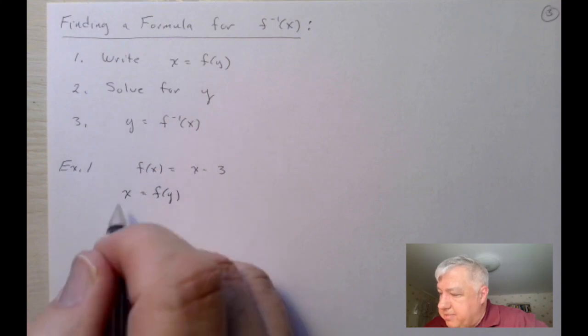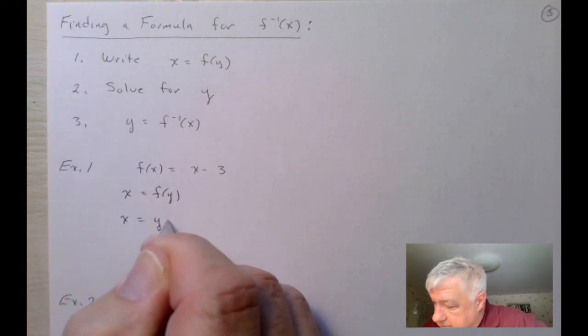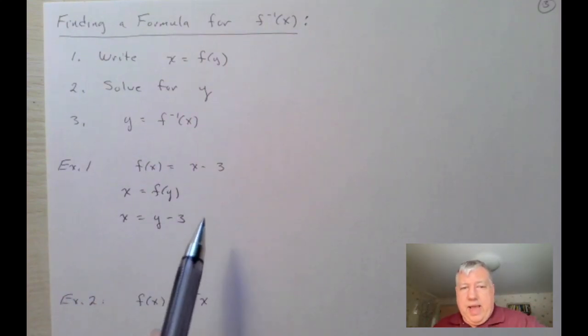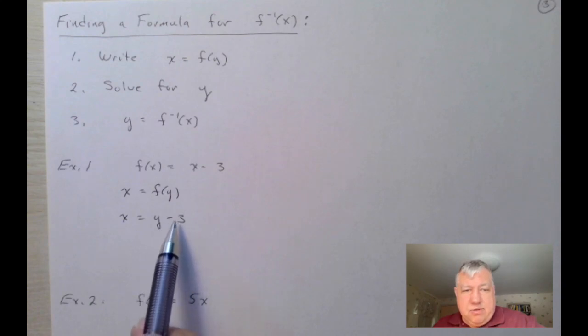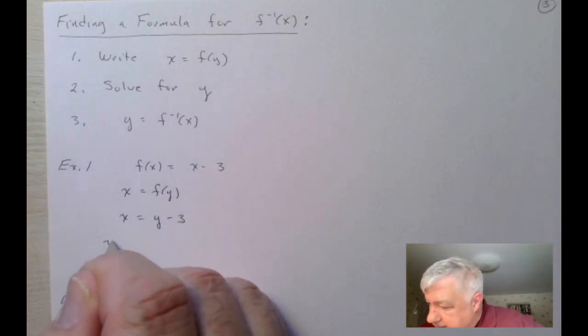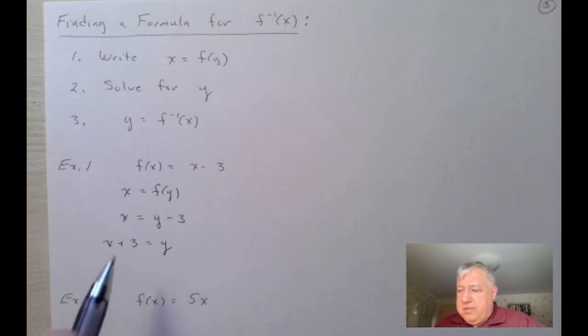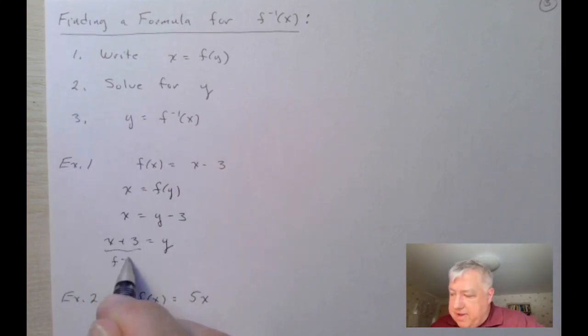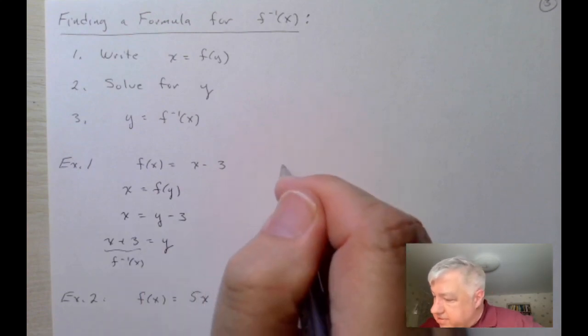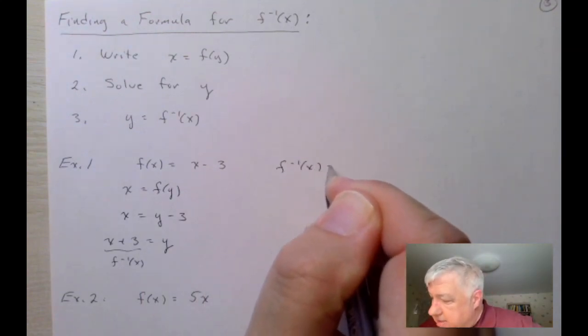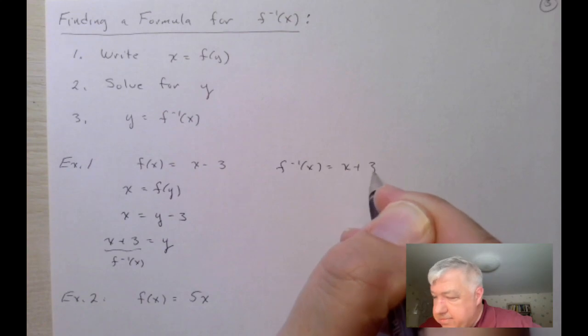That's y minus 3. Then we want to isolate the y, so we add 3 to both sides. So we get x plus 3 equals y. And this is f inverse of x, right? So f inverse of x is x plus 3.